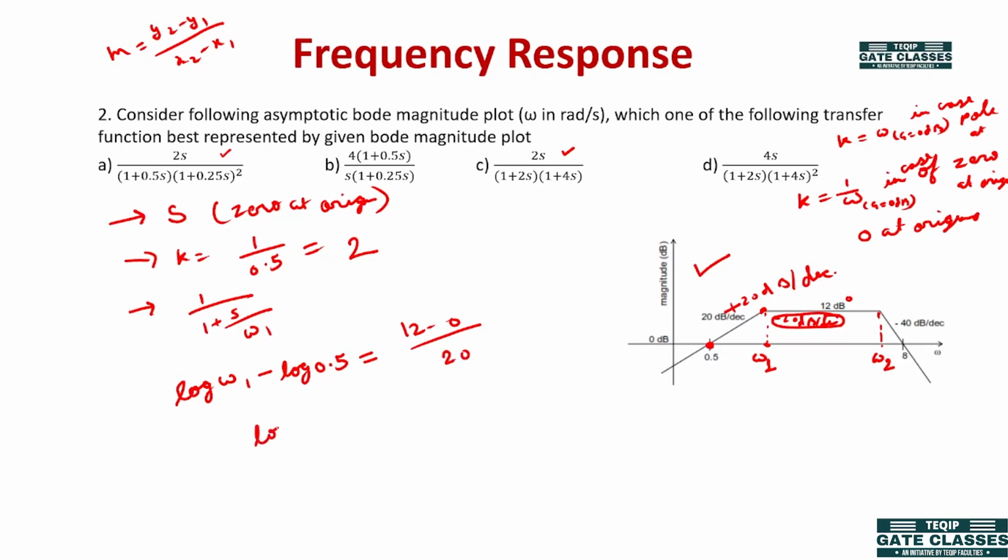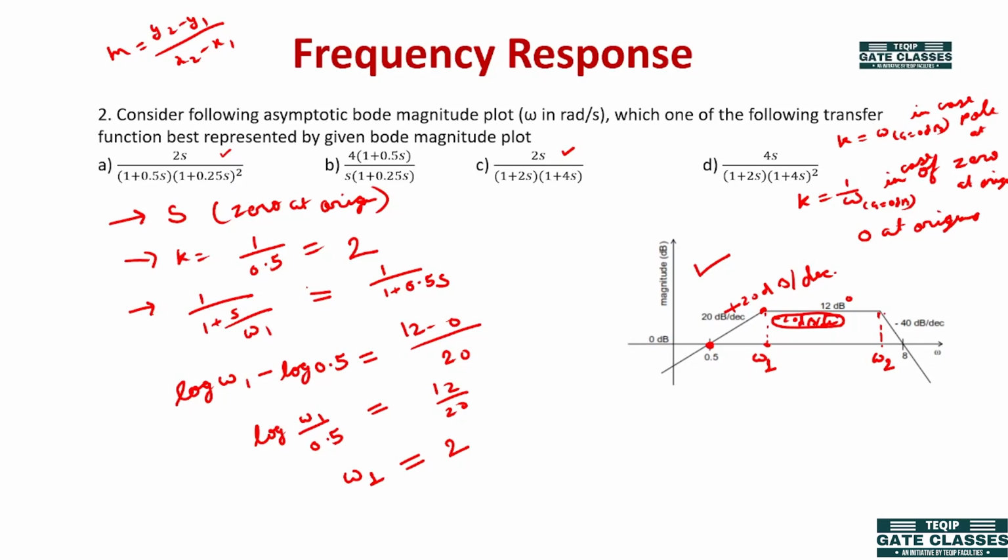So log of omega 1 upon 0.5 is equal to 12 upon 20. If we solve this equation, we get omega 1 is equal to 2. So our first pole is 1 upon 1 plus s by 2, that is 0.5 s.